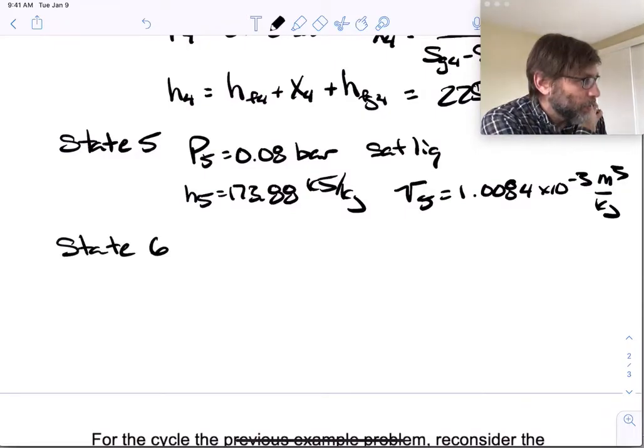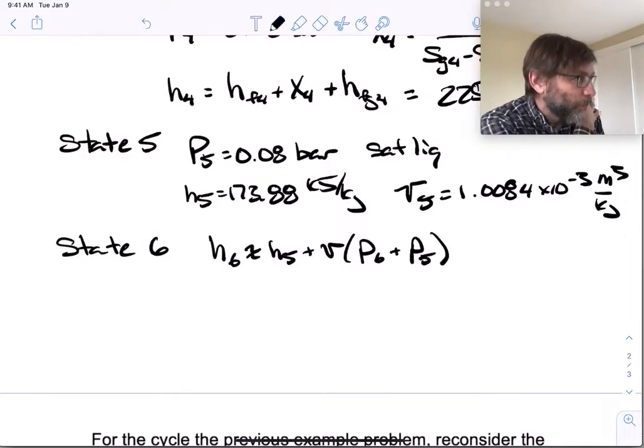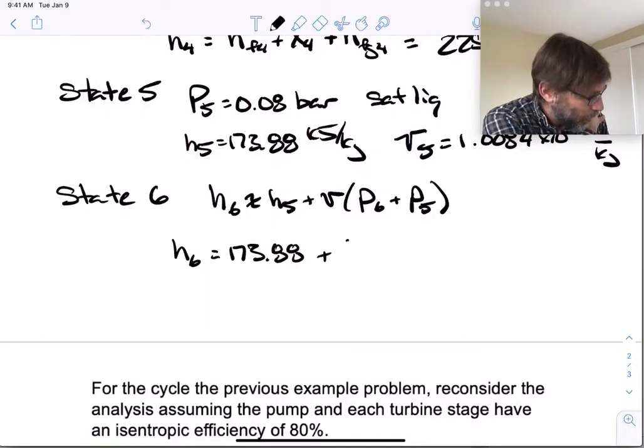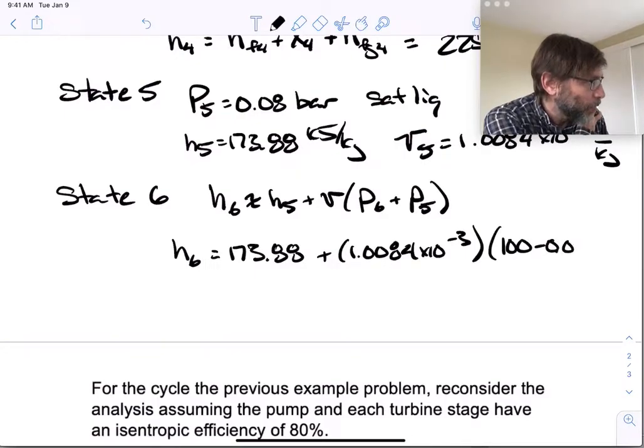So then go to state 6, and H6 is essentially equal to H5 plus V times the pressure difference, P6 minus P5, right? In this case, H6 is equal to 173.88, which we found from up there, which is H5, plus 1.0084 times 10 to the negative 3, times the difference in pressure, which is 100 minus 0.08.